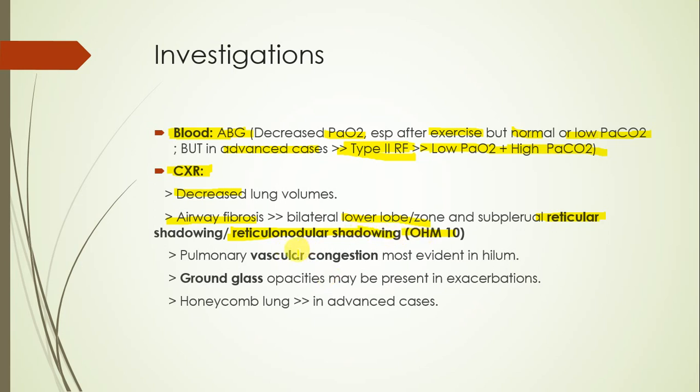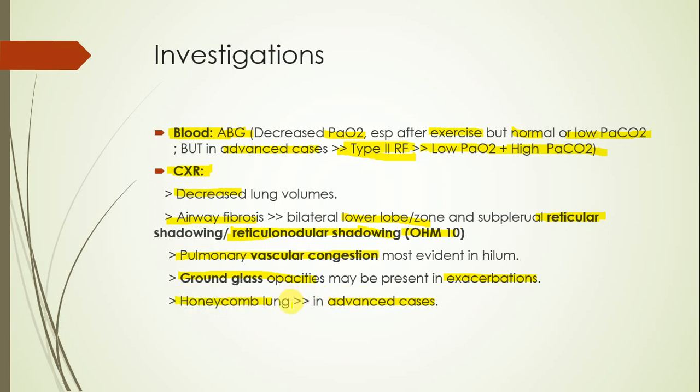And as the patient develops pulmonary hypertension, you will see some pulmonary vascular congestion, and in exacerbations there might be some ground glass opacities, and in advanced cases there would be a honeycomb appearance of the lung.